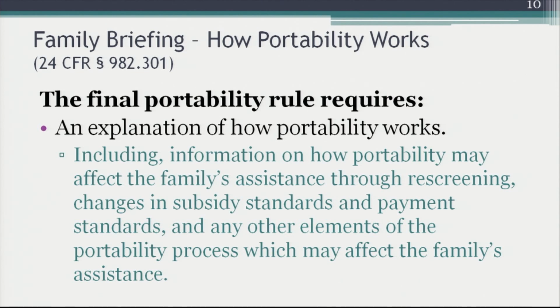However, there is a new requirement tied to this, and it is that this explanation includes information on how portability may affect the family's assistance through rescreening, changes in subsidy standards and payment standards, and any other elements of the portability process which may affect the family's assistance. So this is basically letting the family know that the receiving PHA may have different policies and that may affect their assistance.